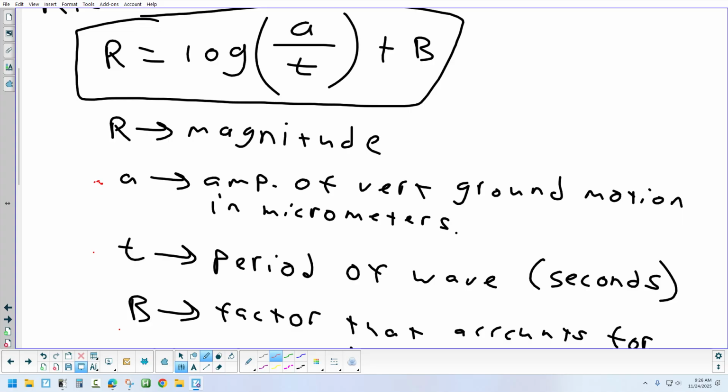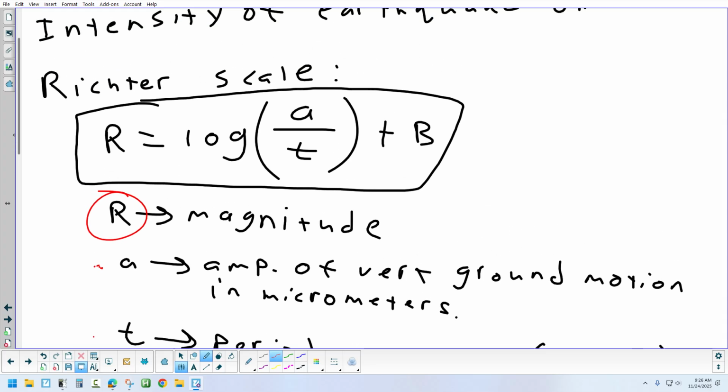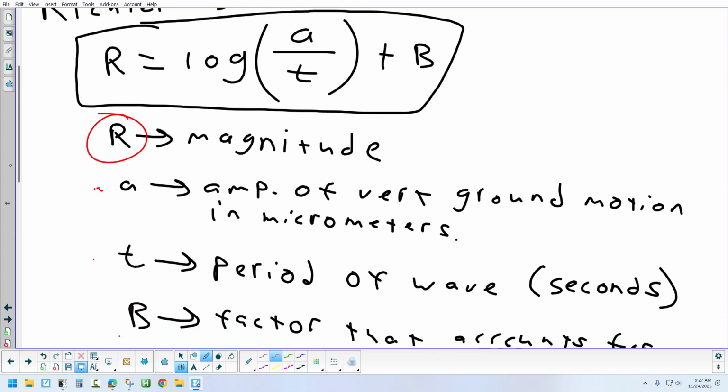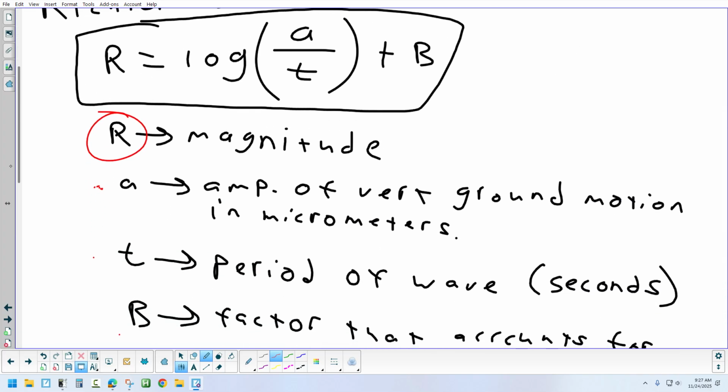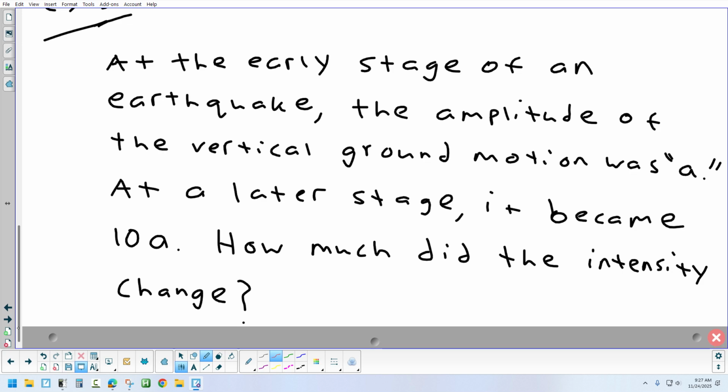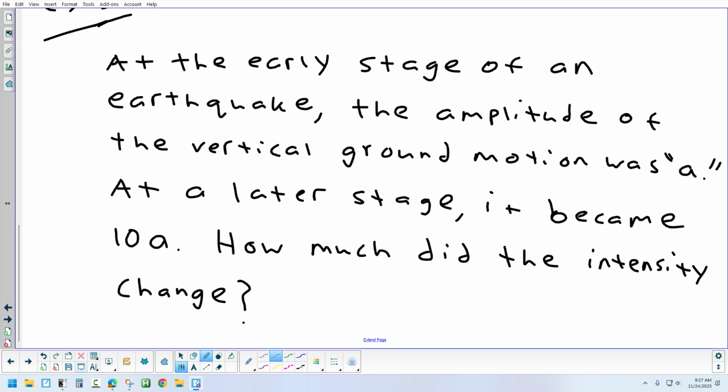And we want to figure out the effect that that has on R, which is called the intensity or the magnitude. Okay, so we're looking at how much something is changing. What arithmetic operation do you use when you're trying to figure out change?